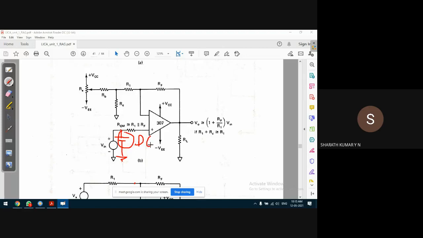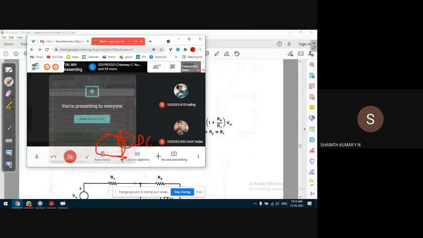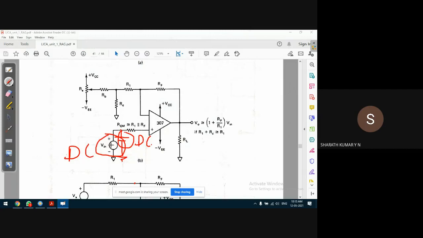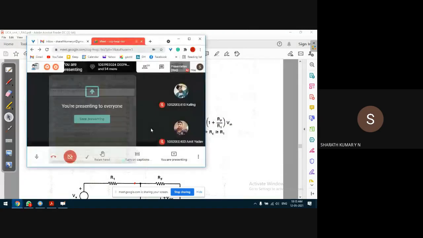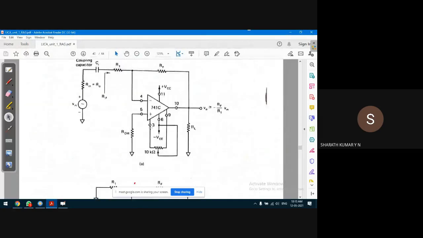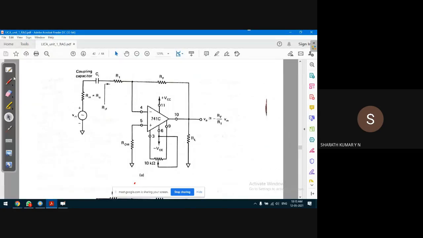But in this Ramakant Gaikwad book, the author uses an empty circle, which indicates a DC source. If there is a tilde symbol inside, it indicates an AC source. That convention is followed in this textbook. If you are referring to some other textbook, you may find a different convention, so don't get confused. It's very simple.